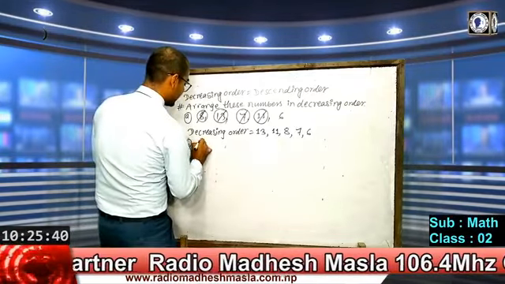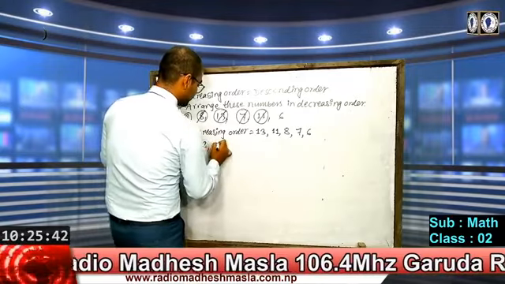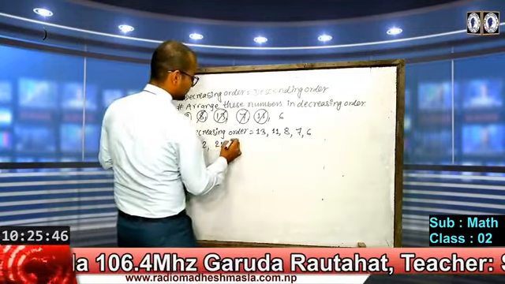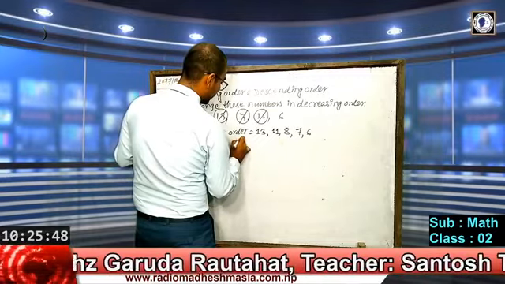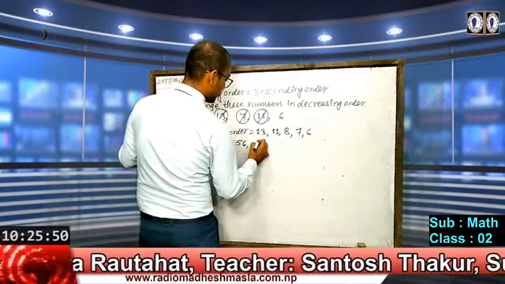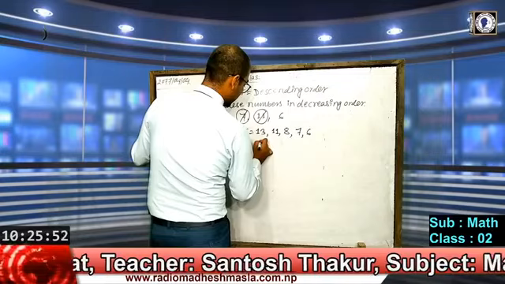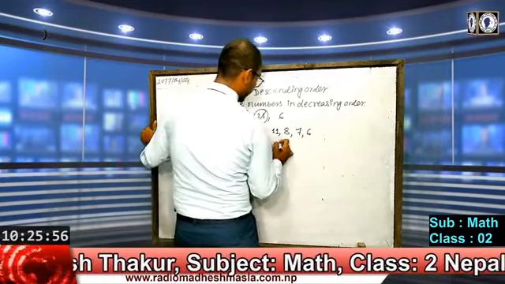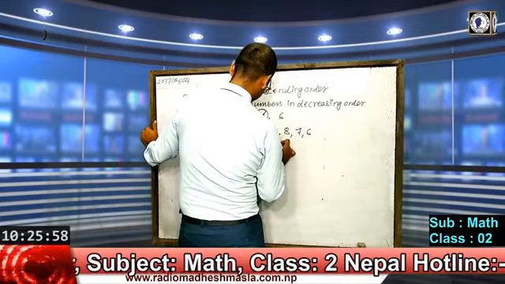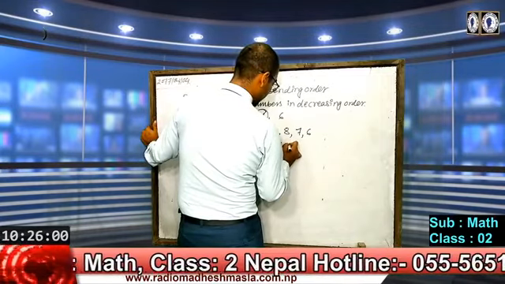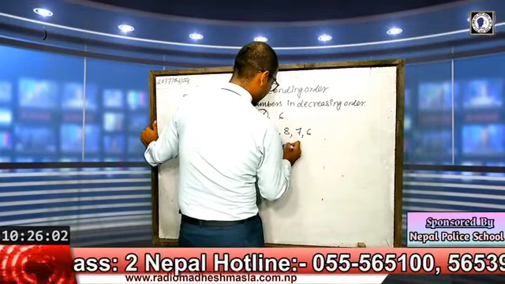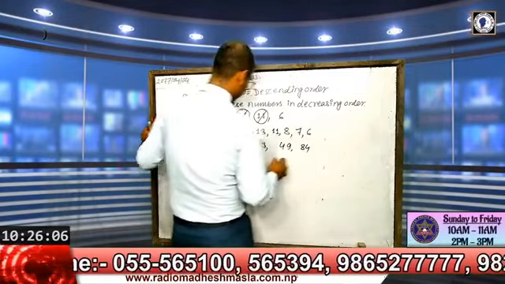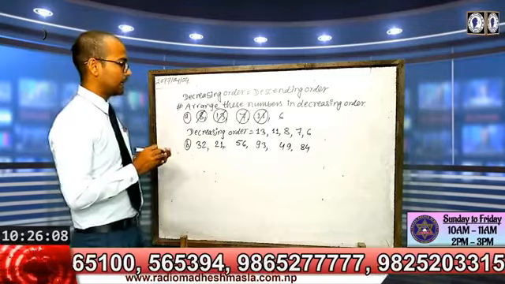Suppose 32, 21, 56, 93, 49, and 84. Yes, so students, listen here carefully.